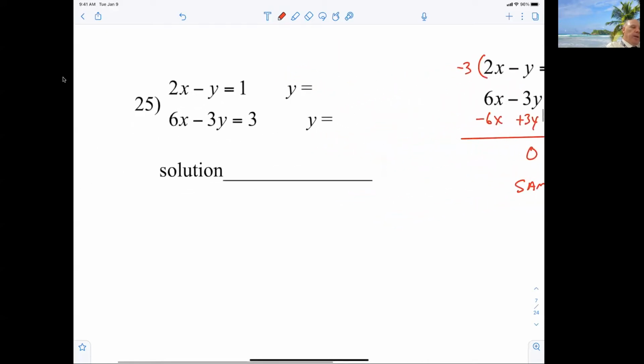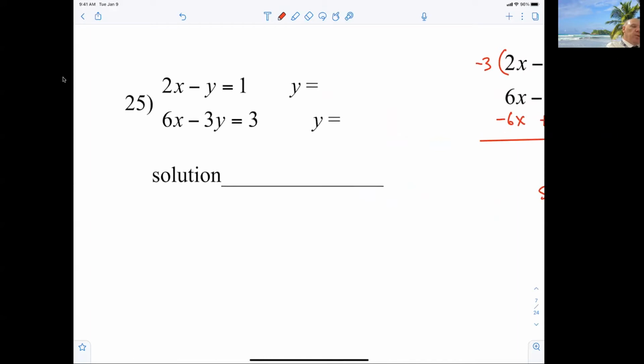All right, now if you remember from last year, I put these y equals over here just so you could practice solving for y. So the first one, I don't like this negative, so I just move it over and move this over. So that's just what? 2x minus 1. On the other one, because I know I'm using the calculator, I just do parentheses 3 minus 6x divided by -3.